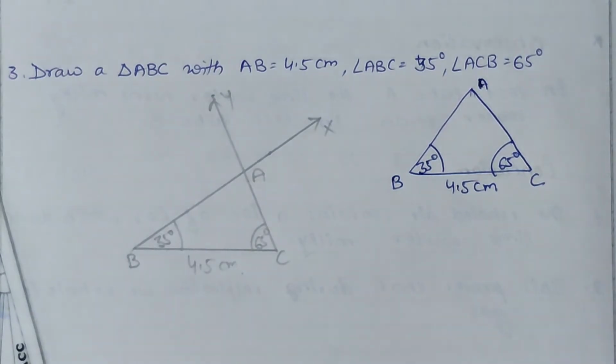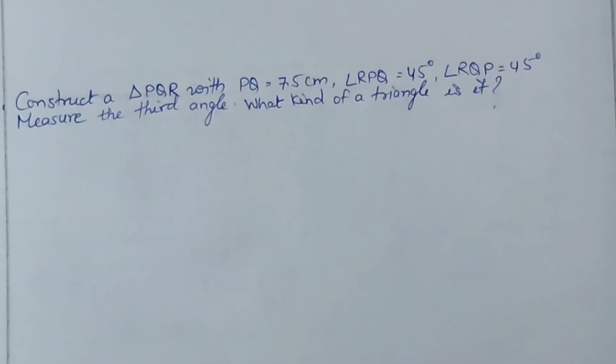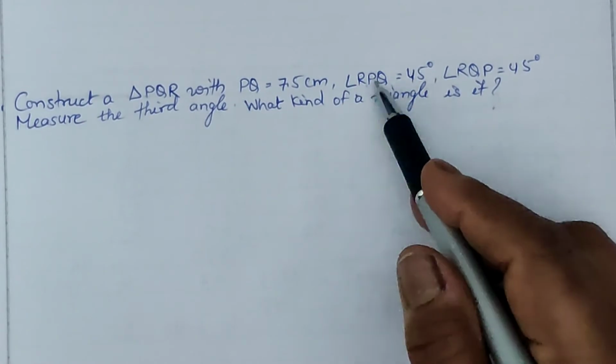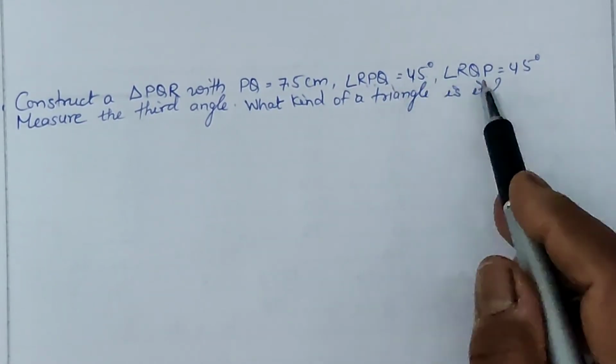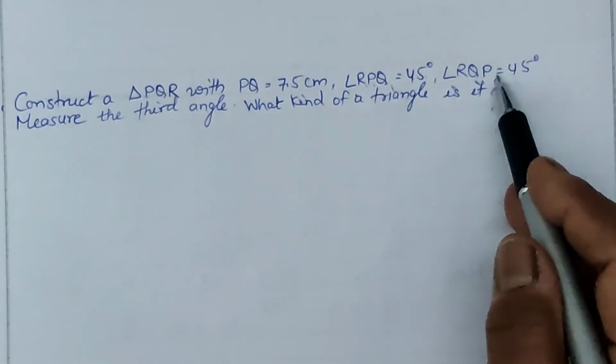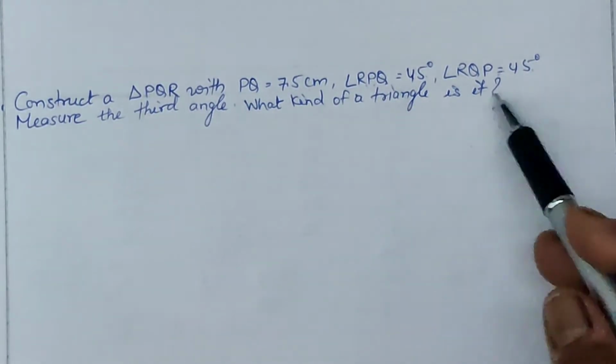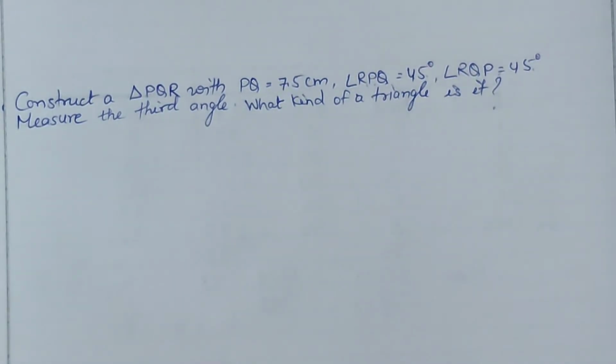Question number 4 is, construct a triangle PQR, PQ 7.5 centimeters, angle RPQ 45 degrees, angle RQP 45 degrees. Measure the third angle. What kind of triangle is this? Okay.